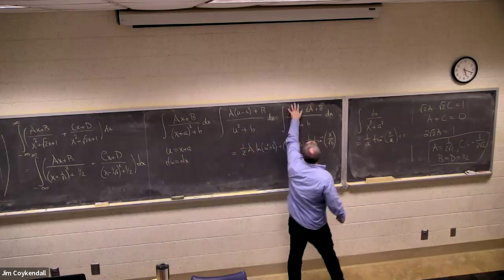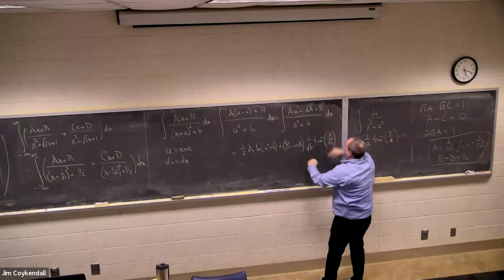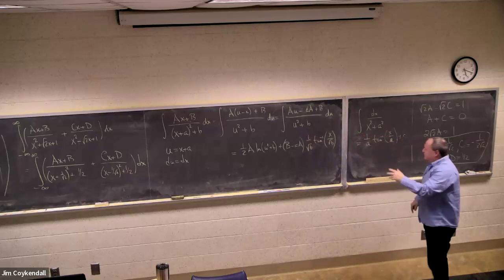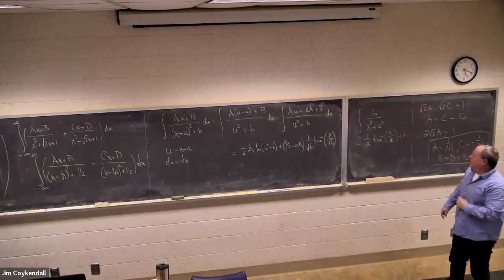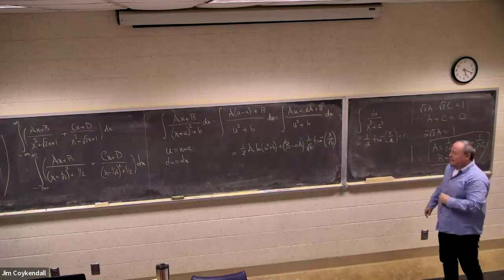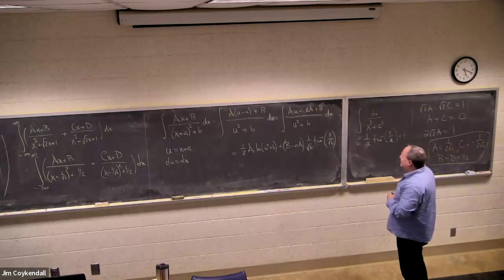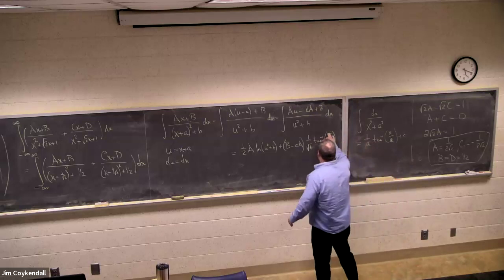Right, because this piece right here is just this constant times 1 over u squared plus b, and using this formula with replacing the a squared by b, I get that. I meant to write u. Thank you. I seem to be doing that all over the place.